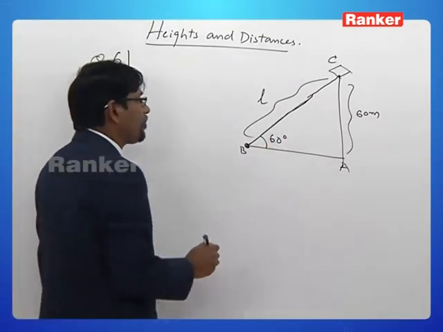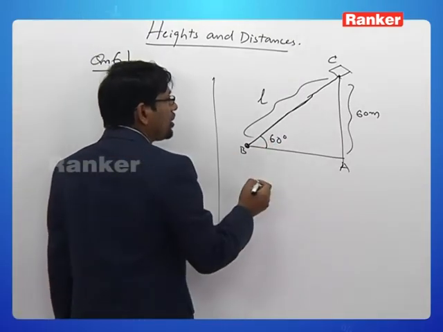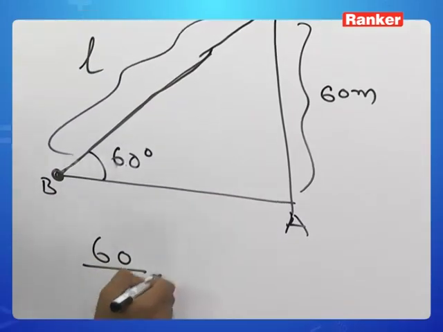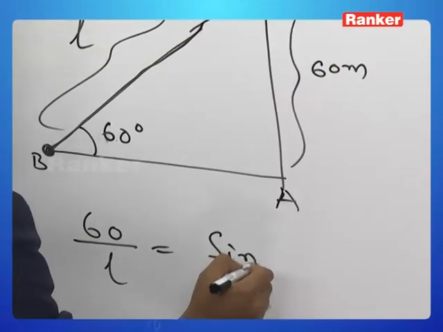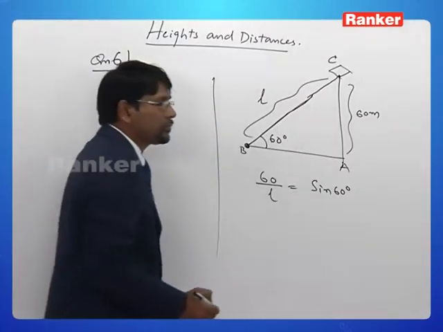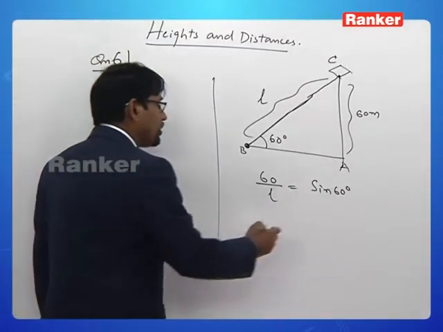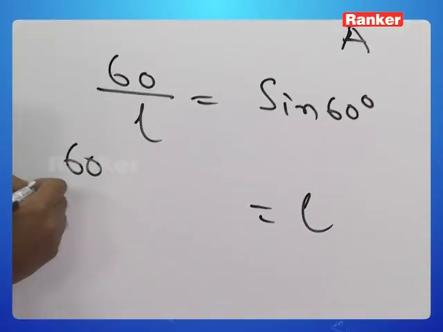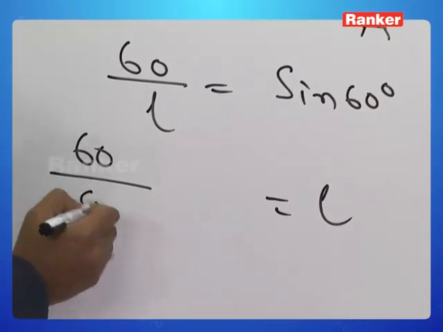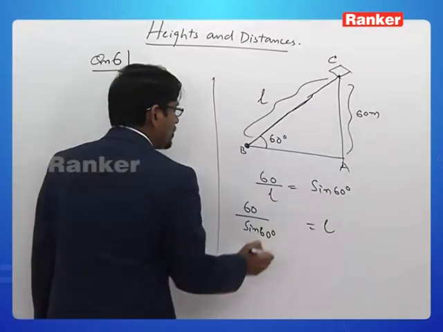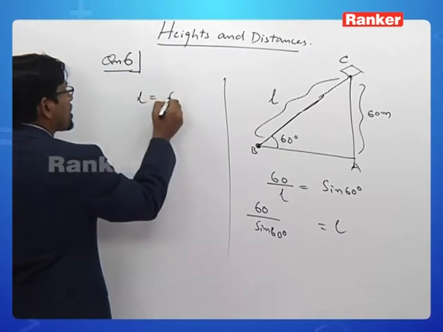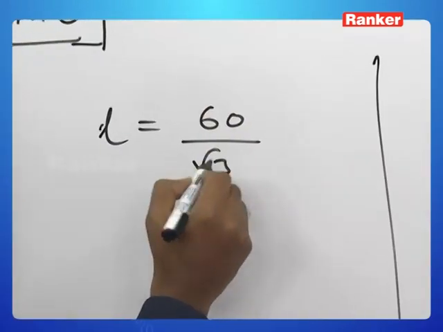So clearly what do we have here? This is 60 by L is equal to sine 60. So L will be 60 by sine 60, and that is equal to, L is equal to 60 by root 3 by 2.